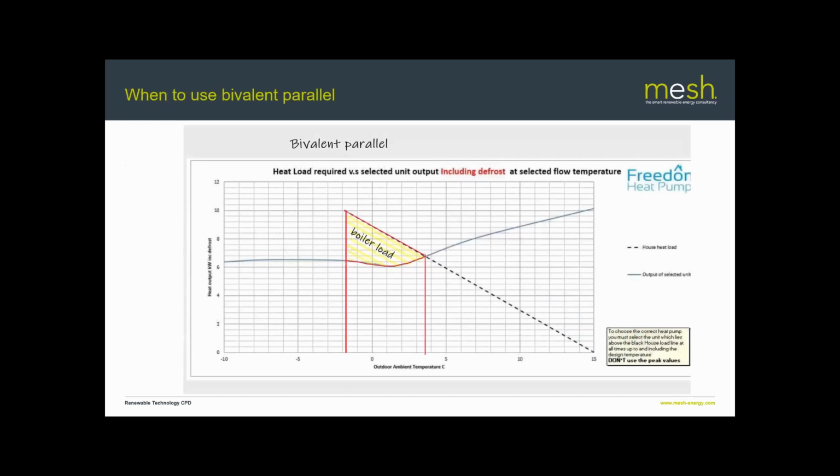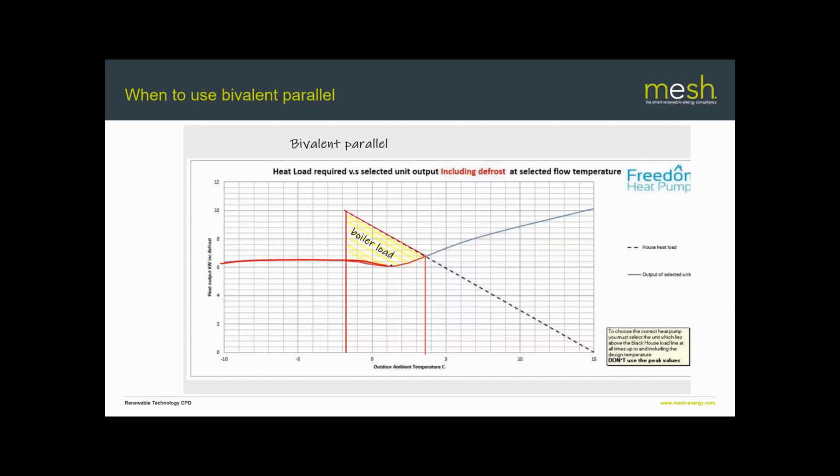So let's have a look at a bivalent parallel system. On this graph, you will see that there are three lines that are really important. This blue line here is the output from the particular heat pump that we've chosen.